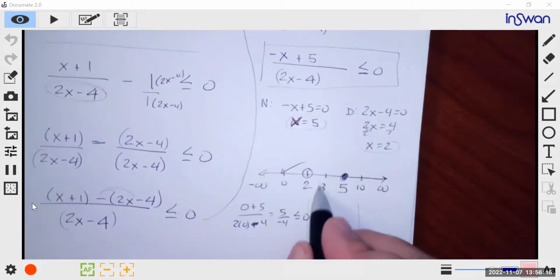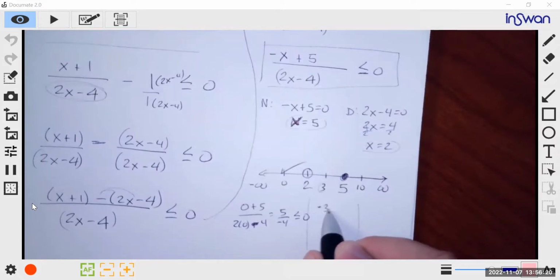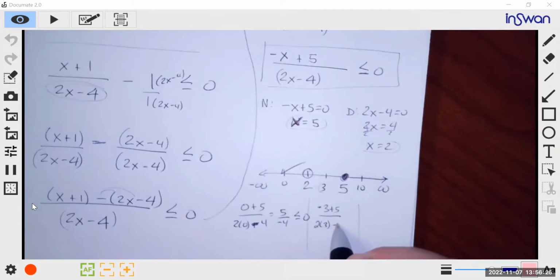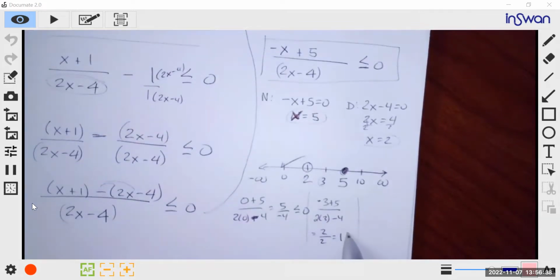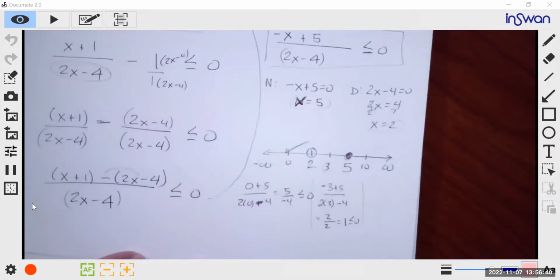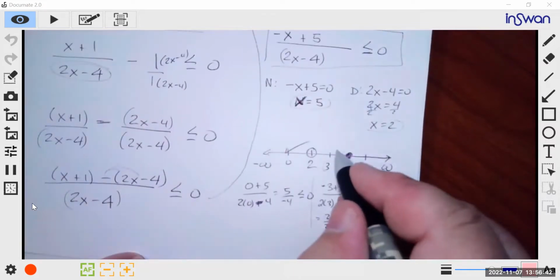Let's try 3. Negative 3 plus 5 over 2 times 3 minus 4. Negative 3 plus 5 is positive 2. 2 times 3 is 6, and 6 minus 4 is 2. 2 over 2 is 1. Is 1 less than or equal to 0? No, so we can't use that.